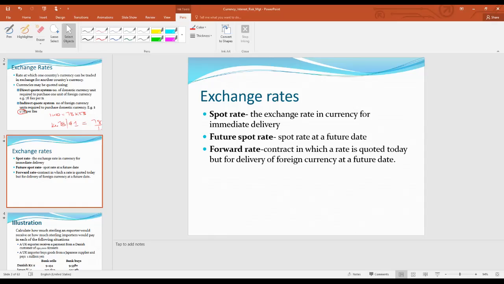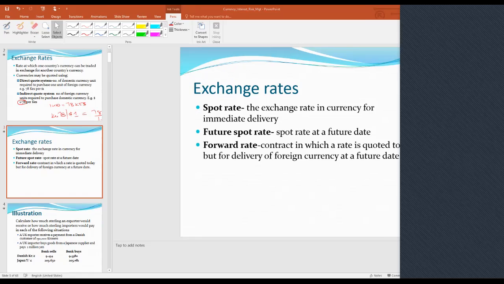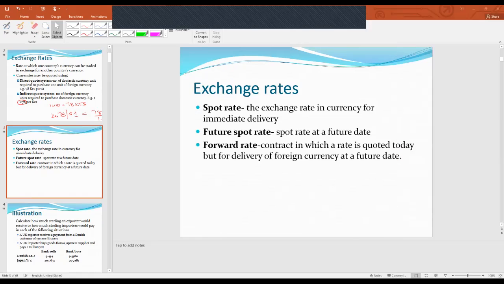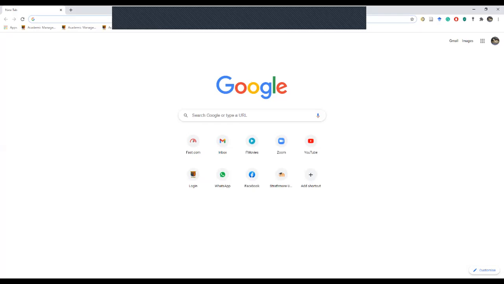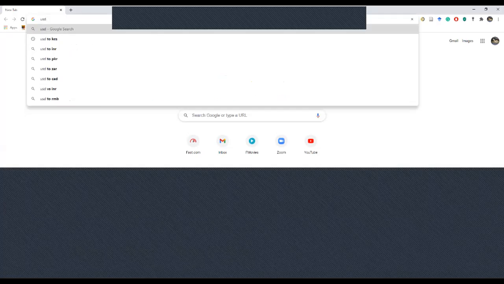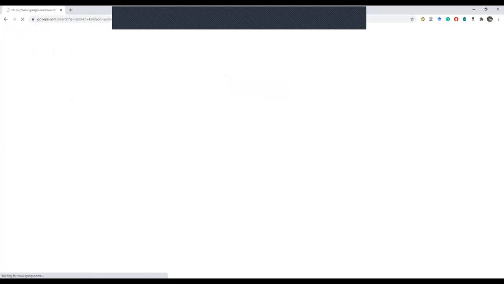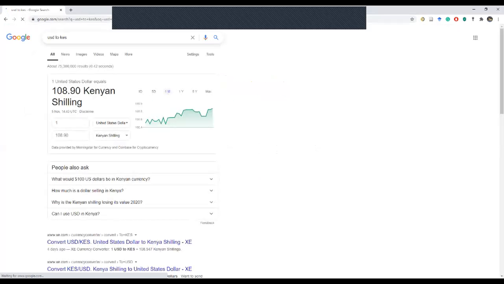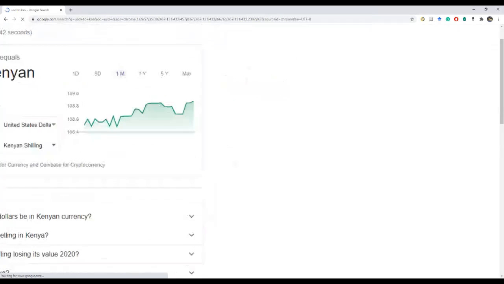Let's take the class example of the Kenyan shilling versus the US dollar. Just to observe the market, I'm not sure what the rate is currently, so let's use the CBK rate. We see USD to Kenyan shilling, 108. What does 108 imply?